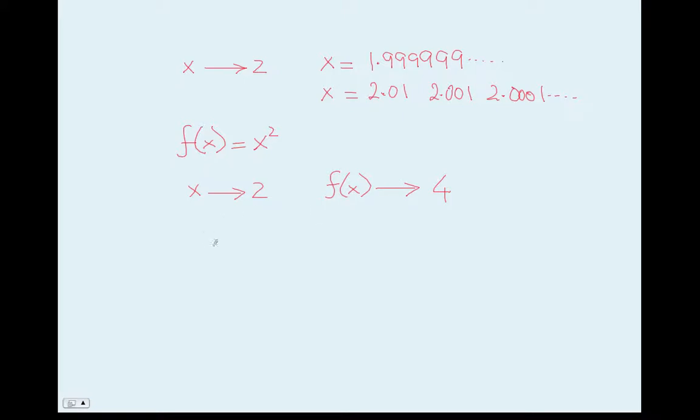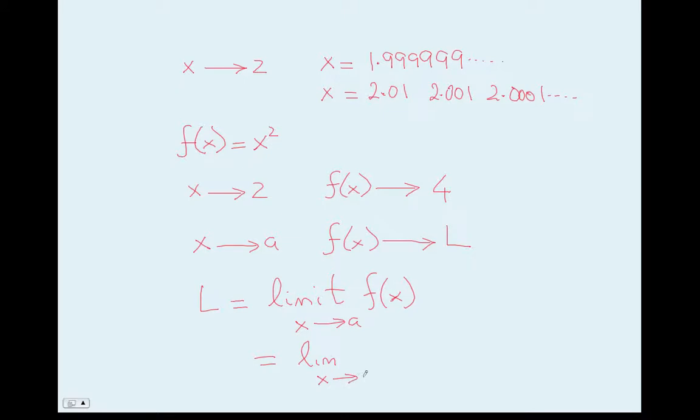More generally, if we have some number a, and x approaches a, then f of x will approach a limit which we shall call L. So as x gets closer and closer to a, f of x gets closer and closer to L. Sometimes we write this as L is equal to the limit as x approaches a of f of x, or we abbreviate it and write lim instead of limit.